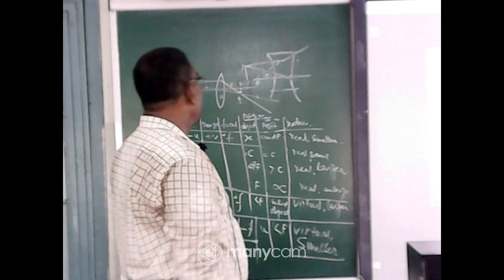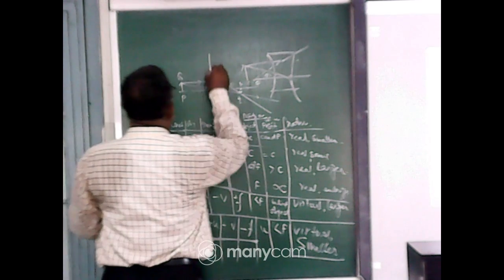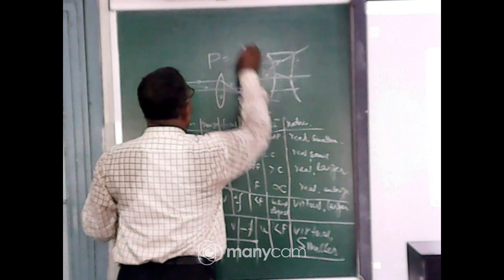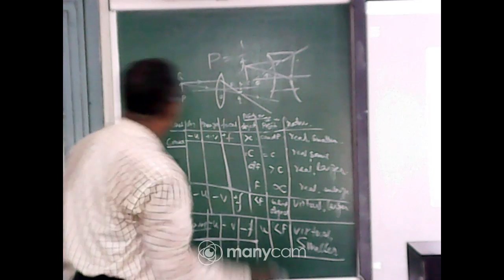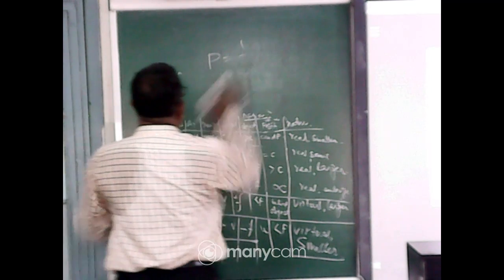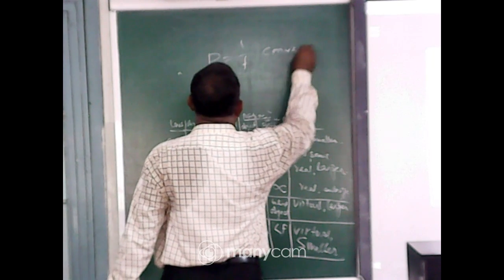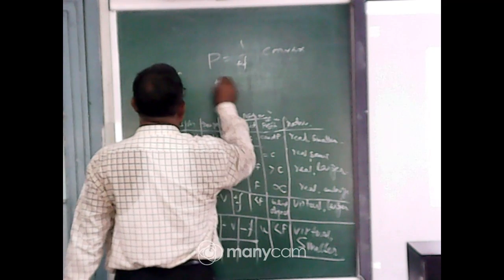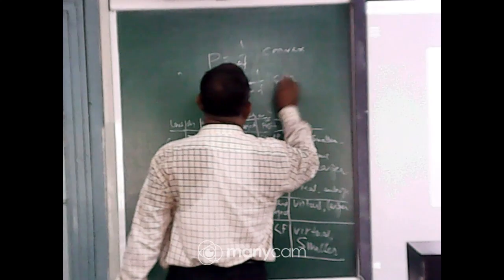Okay. So my dear student, from this you know the power of the lens equals 1 by F. F is positive for the convex lens. When you write this convex lens, F is positive. P is negative for the concave lens.